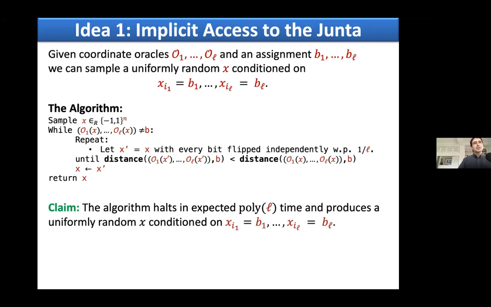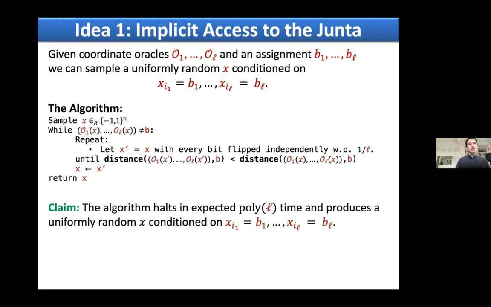The simple claim is that this algorithm halts in expected polynomial time in L, and it produces a uniformly random x under this condition. The reason that it runs in expected time polynomial in L is the following. If you are not in the case where the oracles output B, then you know that at least one coordinate is wrong.